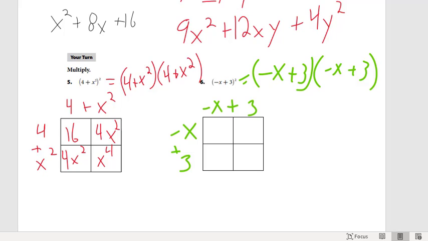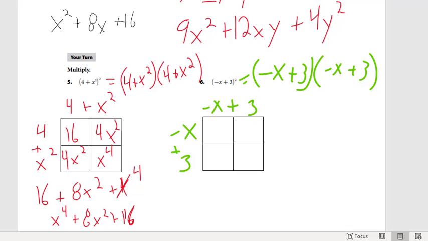Now when we combine our like terms, 16 plus 8x squared plus x to the fourth. Normally we will rearrange this into standard form, so write it x to the fourth, biggest exponent first, plus 8x squared, and then plus 16 at the end.